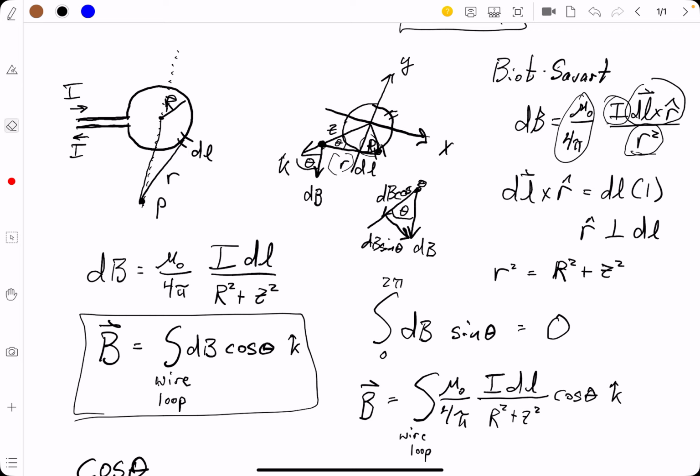Sorry. That is not theta. Theta is here. So it's hard to see, but that's our theta. So now r cosine theta is our radius.